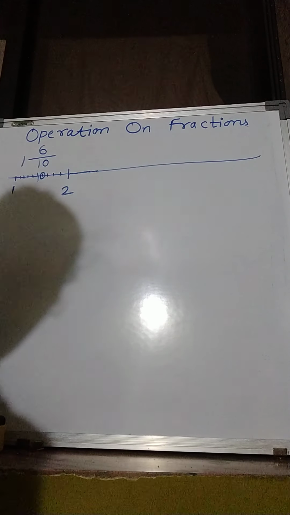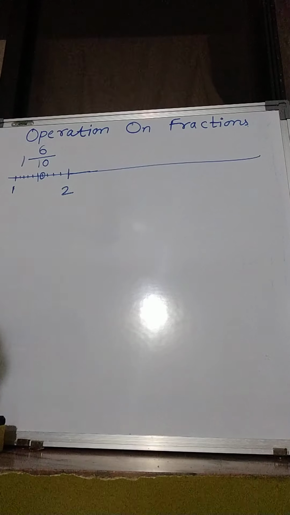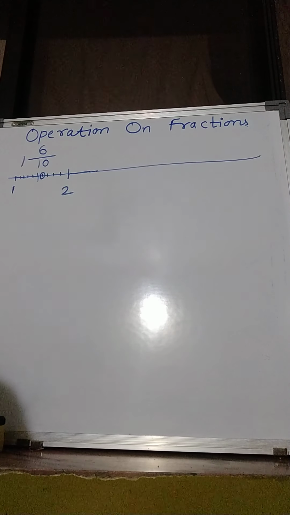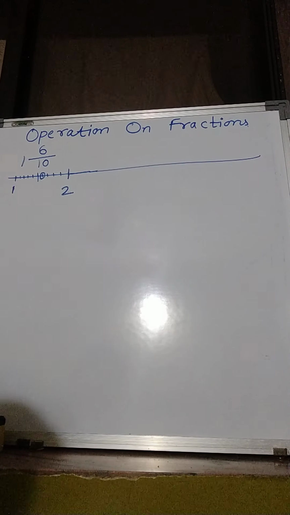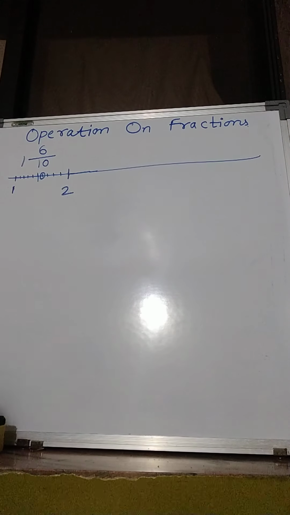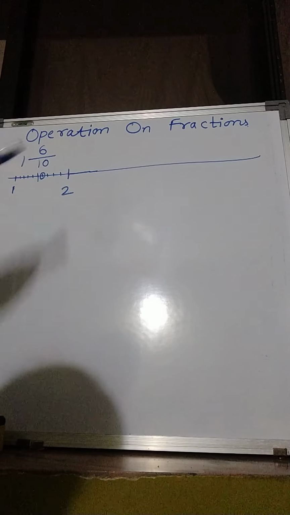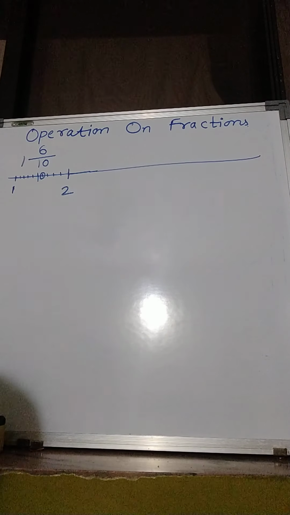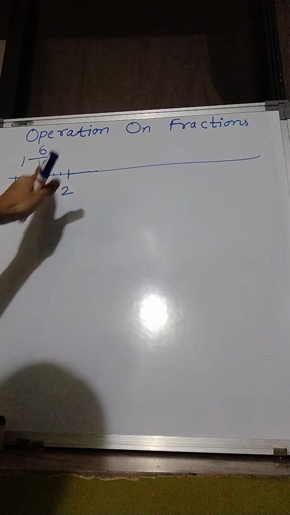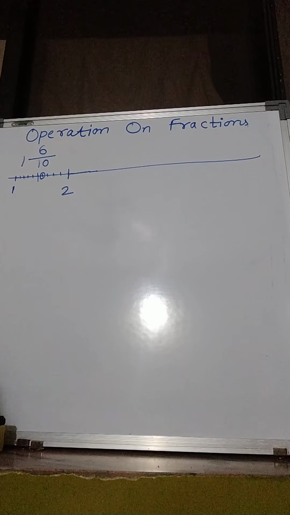And always remember, whatever number is written in the denominator, that quantity is divided into that many parts. Like suppose here 6 is there, so this part is divided into 6 small parts. Understand?